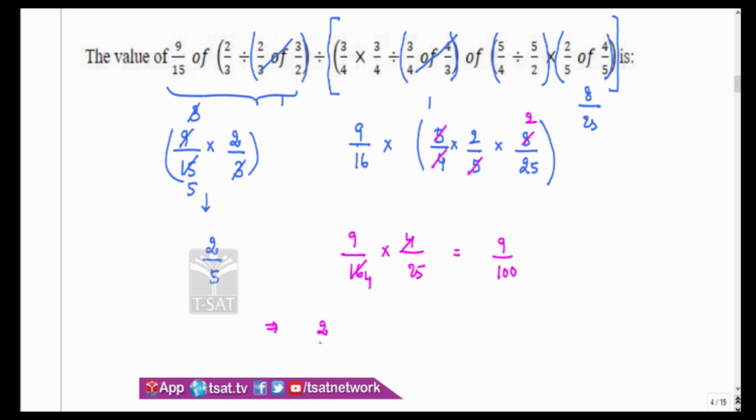So, we have 2 by 5 divided by 9 by 100, which means it becomes 100 by 9 because you have division. Cancel it. 2 into 20, 40 divided by 9. So, the answer for this is 40 by 9.